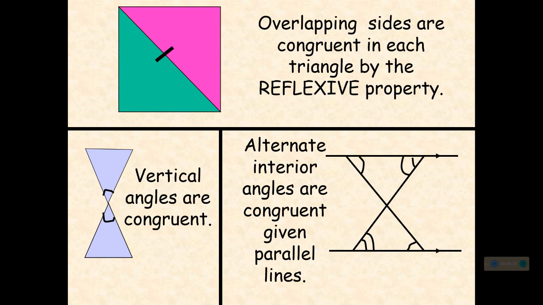Alternate interior angles are congruent given parallel lines. So, we have here the alternate interior angles: this one and this one, and then this one and this one. So they are congruent.